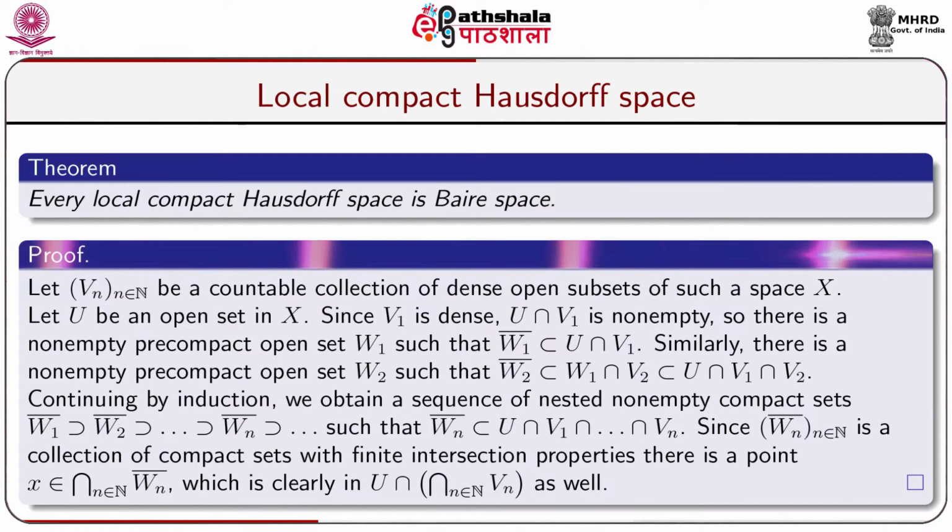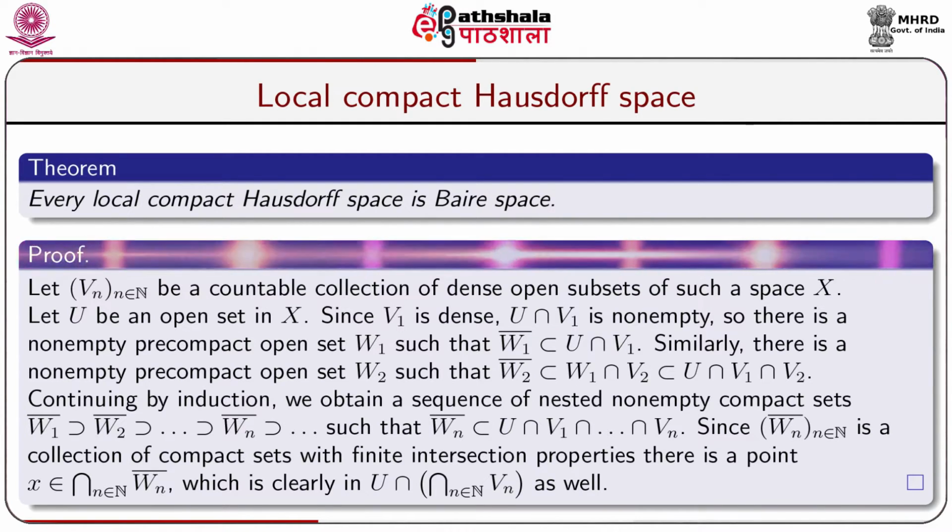Since V1 is dense in X, we have that U intersection V1 is non-empty. That means we can choose a point, say x, in U intersection V1.